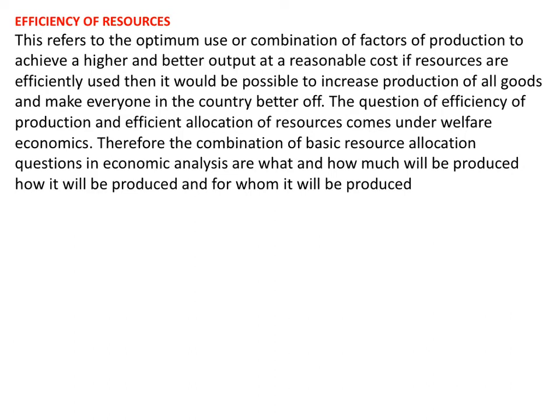The question of efficiency of production and efficient allocation of resources comes under welfare economics. Therefore, the basic resource allocation questions in economic analysis are what and how much will be produced, how it will be produced, and for whom to produce.